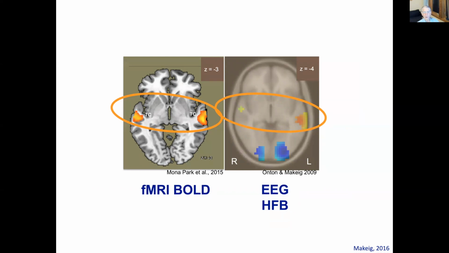Both studies found these regions in the temporal lobe to be those in which either BOLD signal on the left or high-frequency EEG varied monotonically with the degree of positive feeling, or positive to negative feeling. So you could read the valence of the emotions out from these areas. And this was a result reported first from EEG.